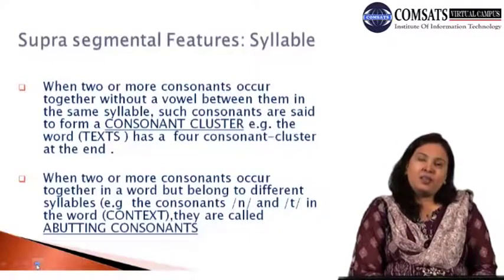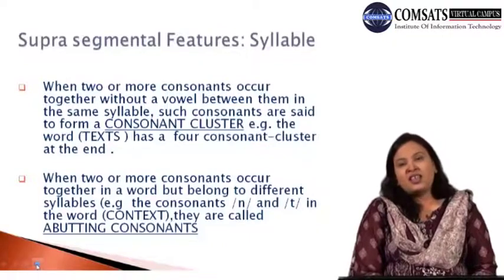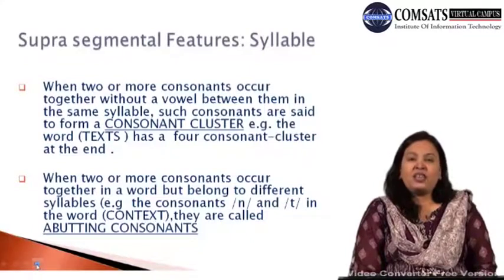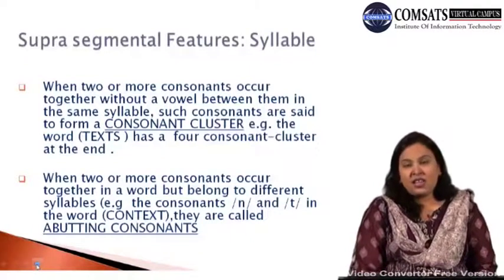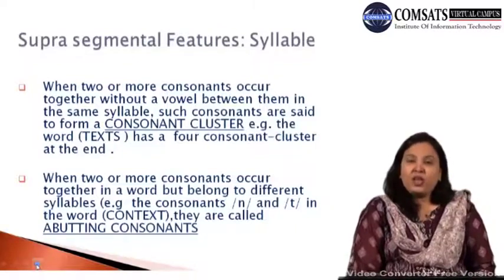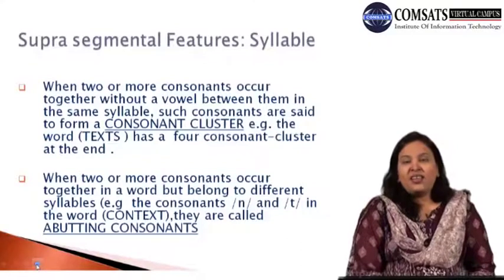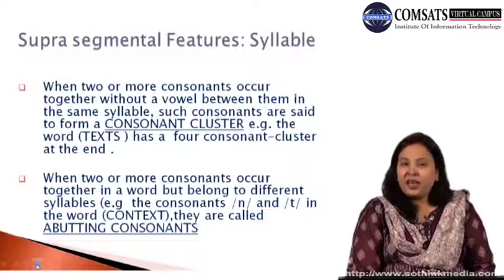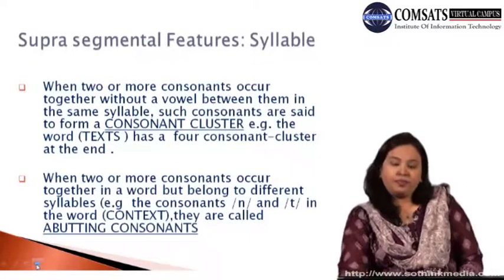Con is the first syllable, text is the second syllable. The n sound is part of the first syllable, con, and the t sound is part of the second syllable, text. So together they make context, and n and t have a relationship of abutting consonants.